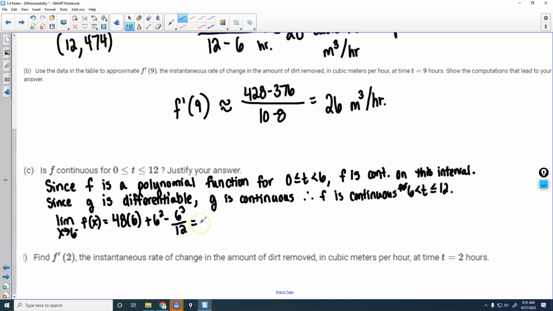We're going to use our calculator for that. I can't remember if this was calculator active or not, but we don't have time for all of that. All right, I'm getting 342.